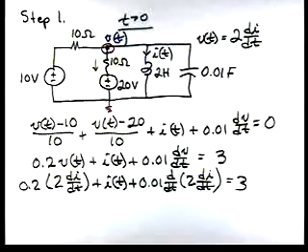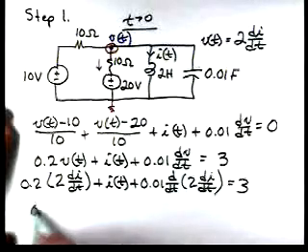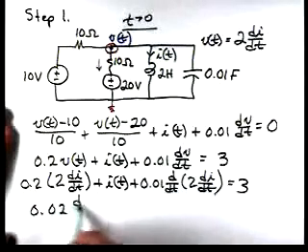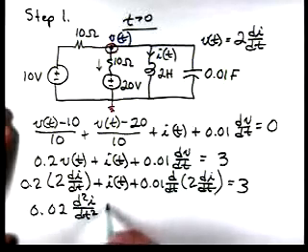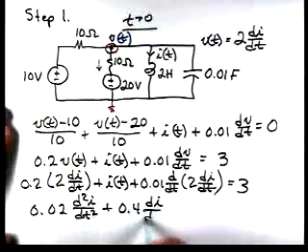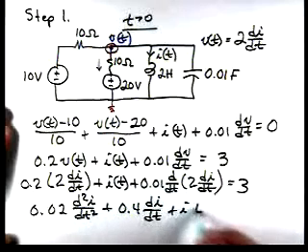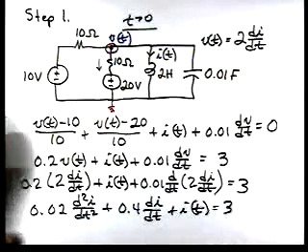Now let's work with the math a little bit. This term becomes 0.02 d²i/dt² plus 0.4 di/dt, and then just i(t) is equal to 3.